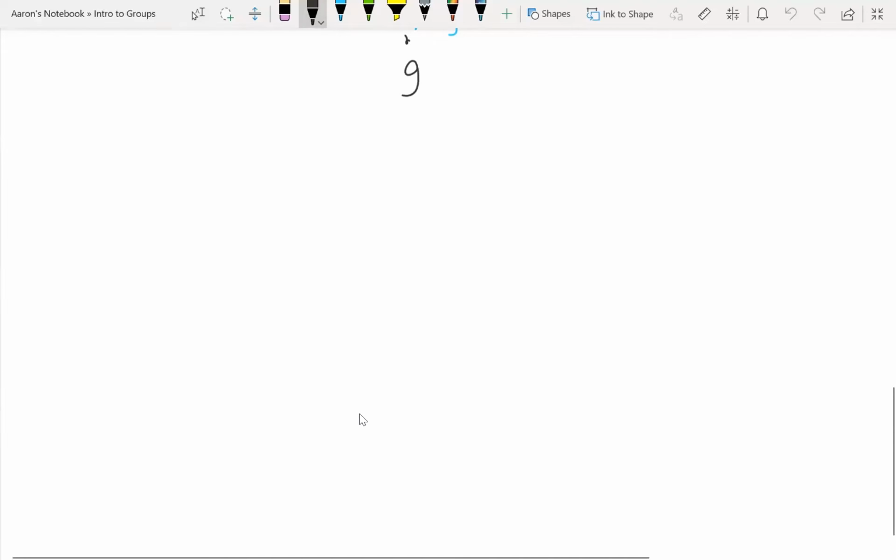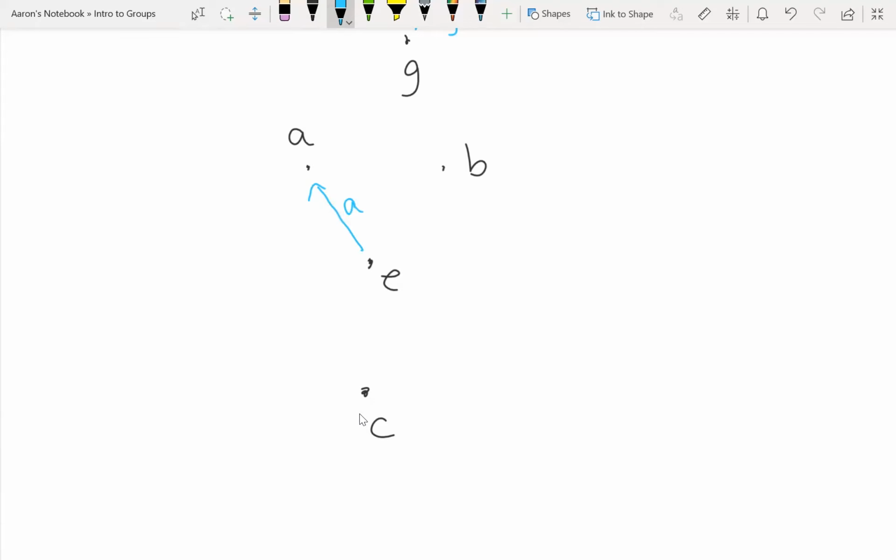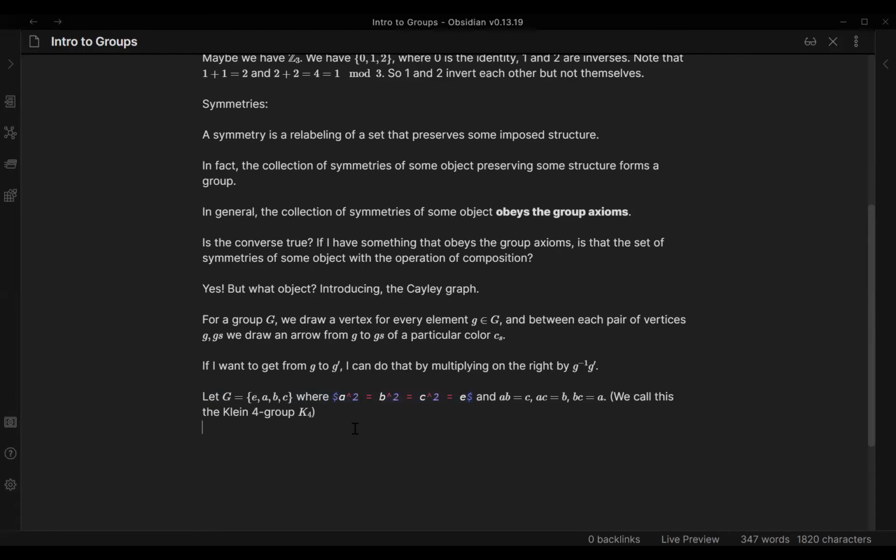So in particular, maybe we want to start by drawing the identity here. And then over here, we're going to draw A, over here B, and over here C. And so, of course, the identity goes to A by A. But A goes back to the identity by A because we've demanded that A squared equals the identity.